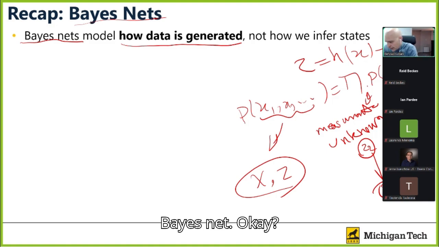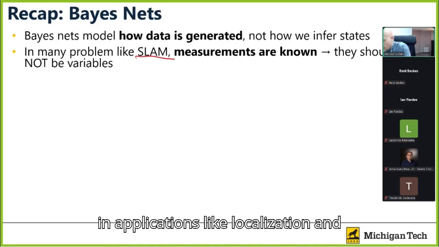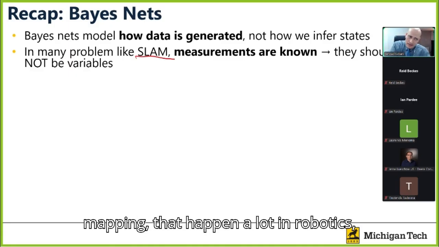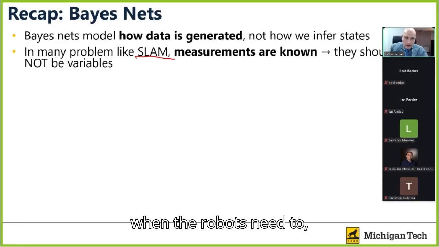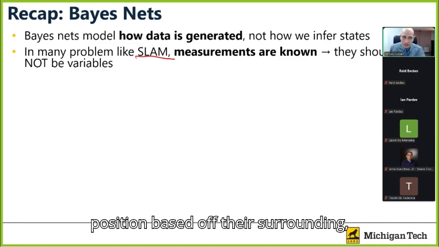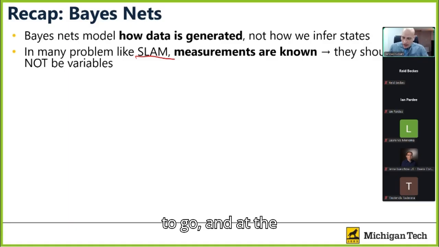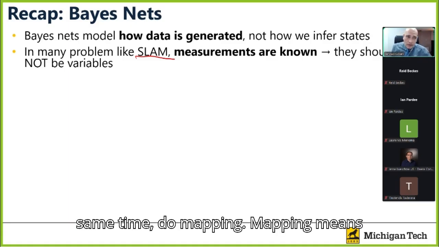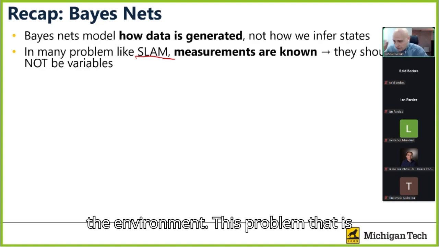Okay? So in so many applications, specifically in applications like localization and mapping, that happen a lot in robotics, the robots don't know where they are, but at the same time they find their position based on their surroundings, and they try to find their way to go, and at the same time do mapping. Mapping means finding information about the environment.